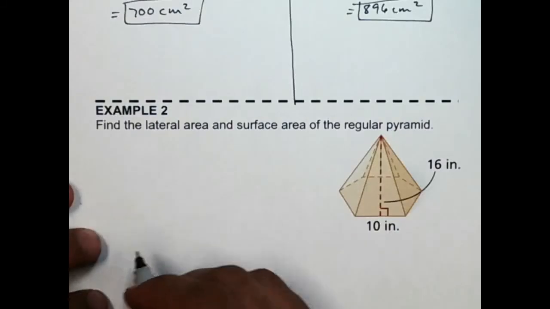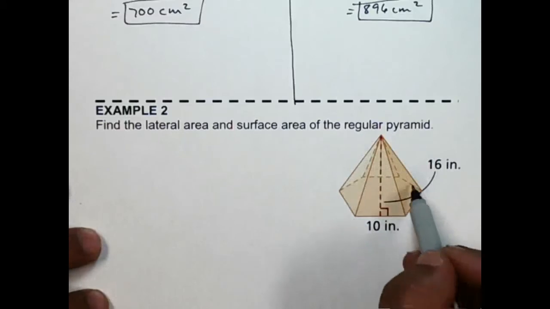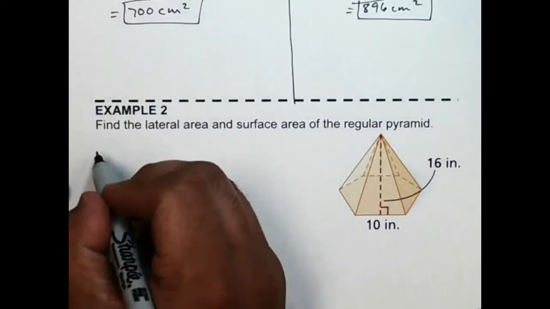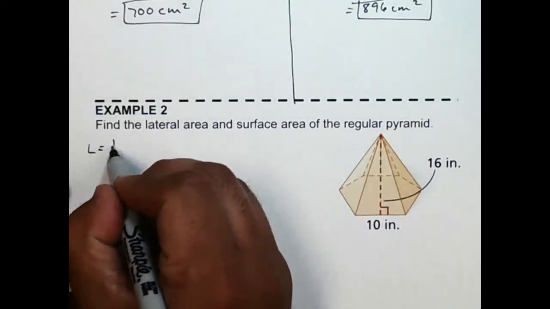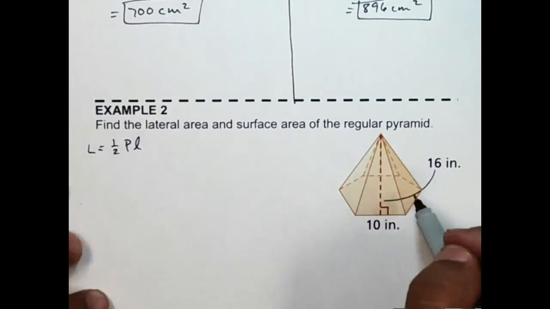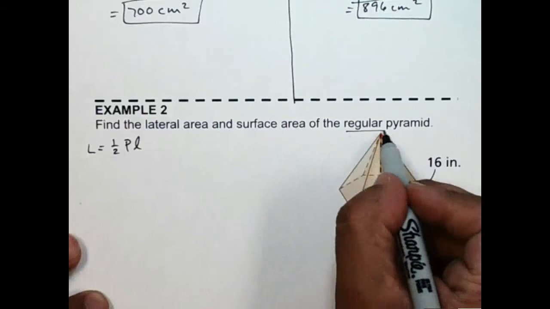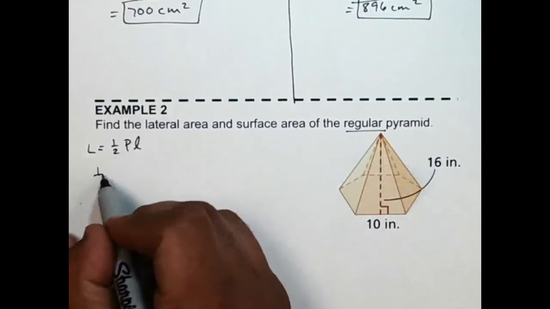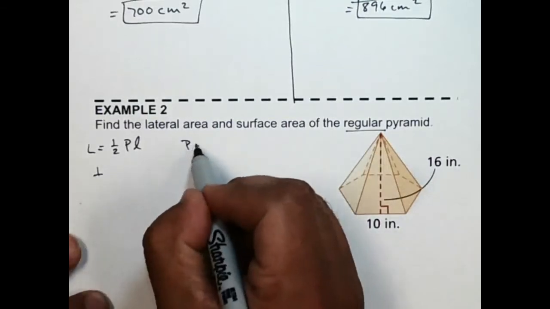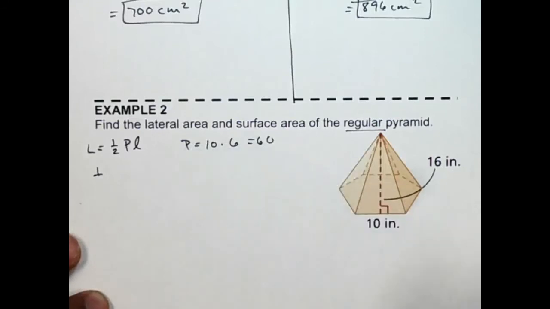Alright, on this next example we have a regular pyramid, and it looks like this base down here is a hexagon. So we're going to have to do some work on this one. 1/2 PL. For this first part, they gave us a regular hexagon. So I know my P is going to be equal to 10 times 6, which is 60.